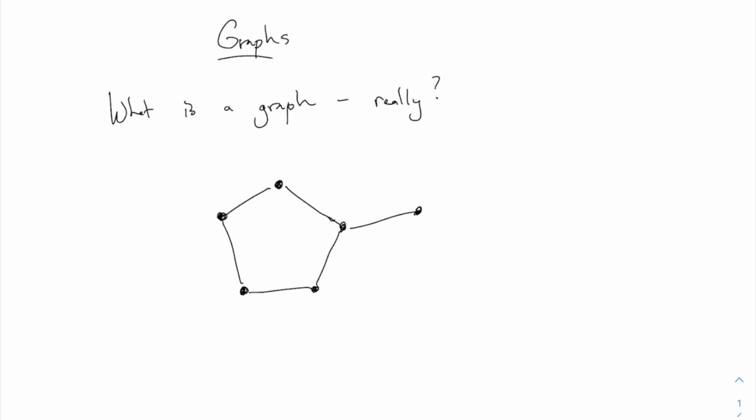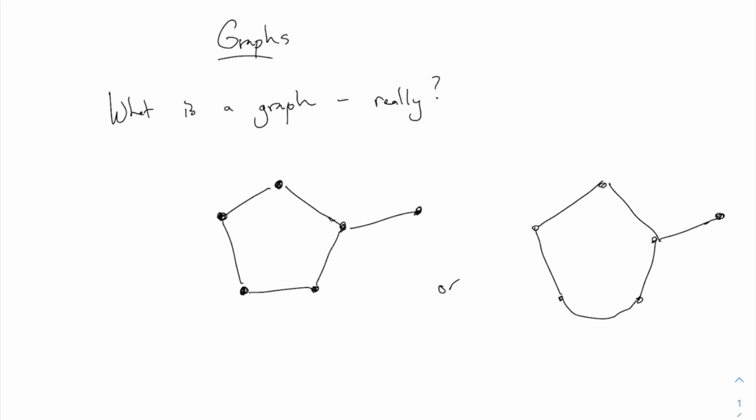But this is not really a great definition of a graph, just because I can say, like, that picture that I drew, that's a graph. How about this? What if I made it so that the edge on the bottom is curvy instead of straight?